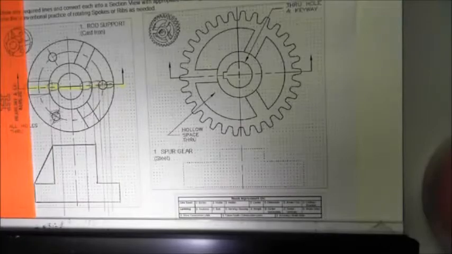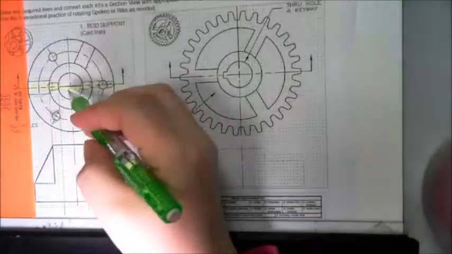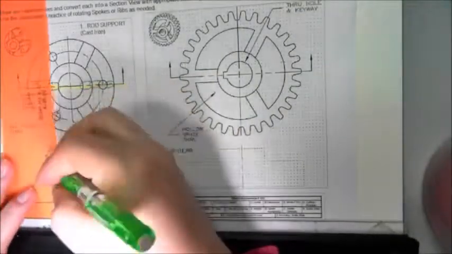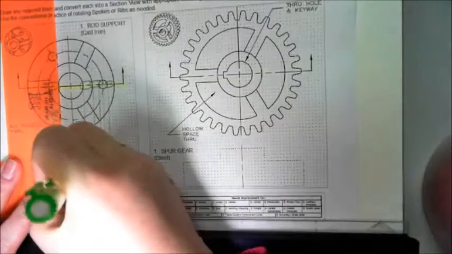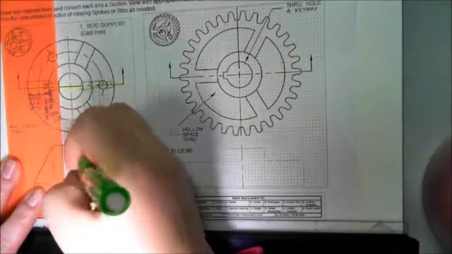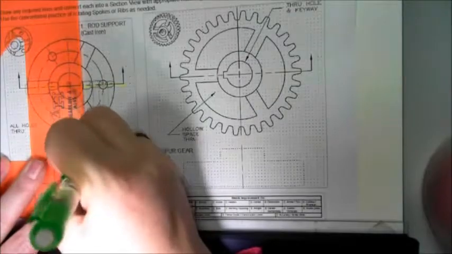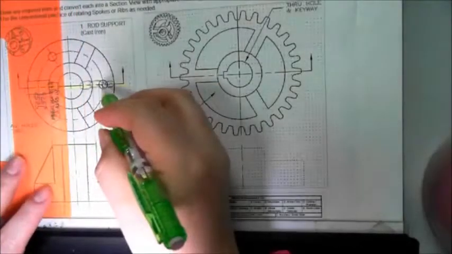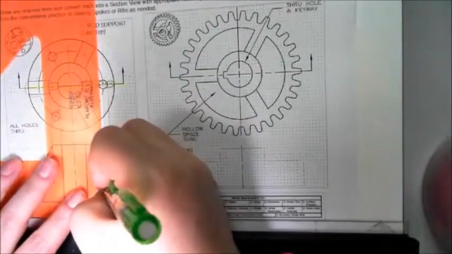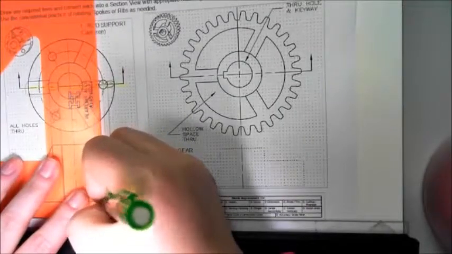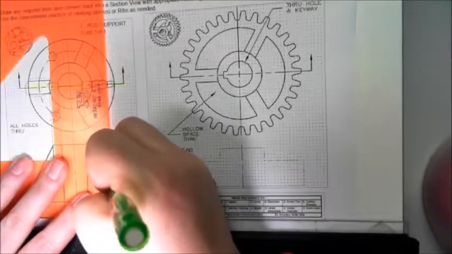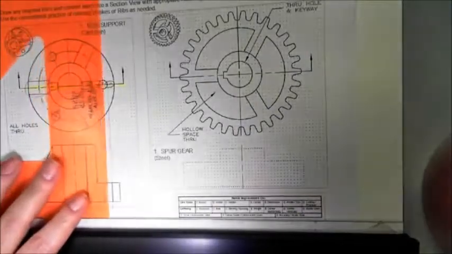If I'm cutting through and there's a hole going all the way through, I don't cut through the space, I cut through the edges. So I'm going to have a visible straight line here and a visible straight line there. And the same thing with the holes that are drilled out over here. Normally they'd be represented by hidden lines, but since we've cut through, we can see them.